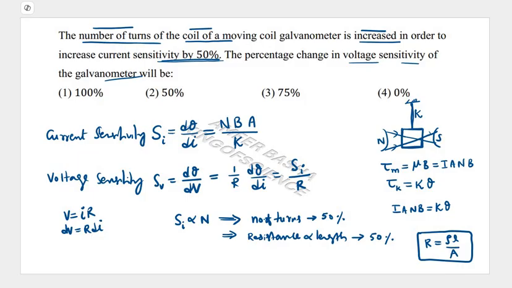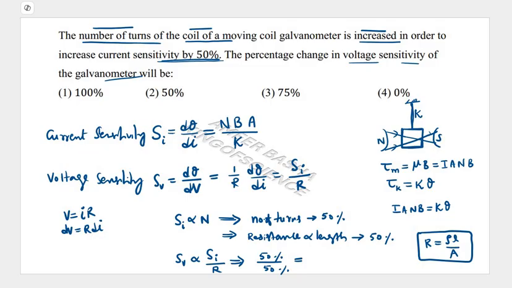So I can write here, voltage sensitivity is directly proportional to current sensitivity divided by resistance. Resistance means number of turns. So what you can say here is, current sensitivity is increased 50%, and resistance is also increased 50%.